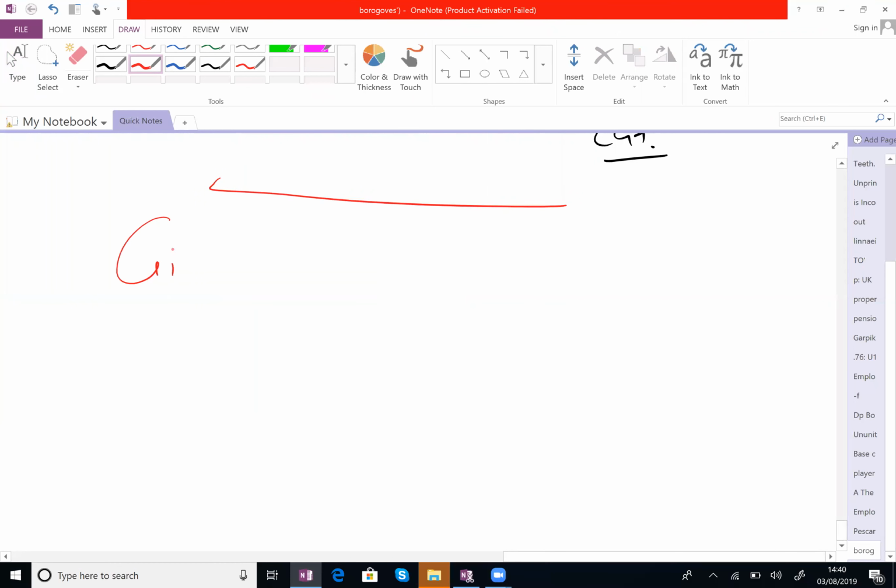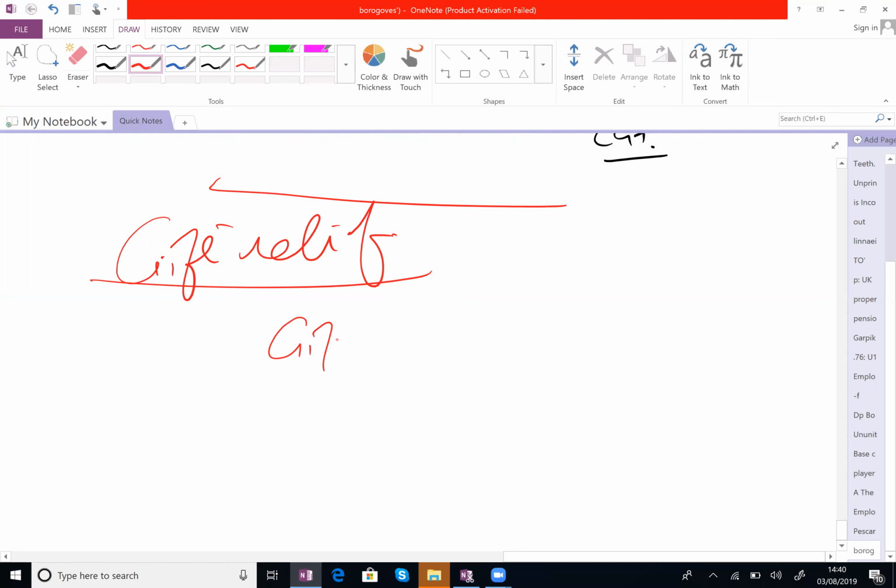Next topic is gift relief. Today, if you are gifting the asset, the tax department will never consider the gift as a gift. They will consider the gift as a sale at market value.